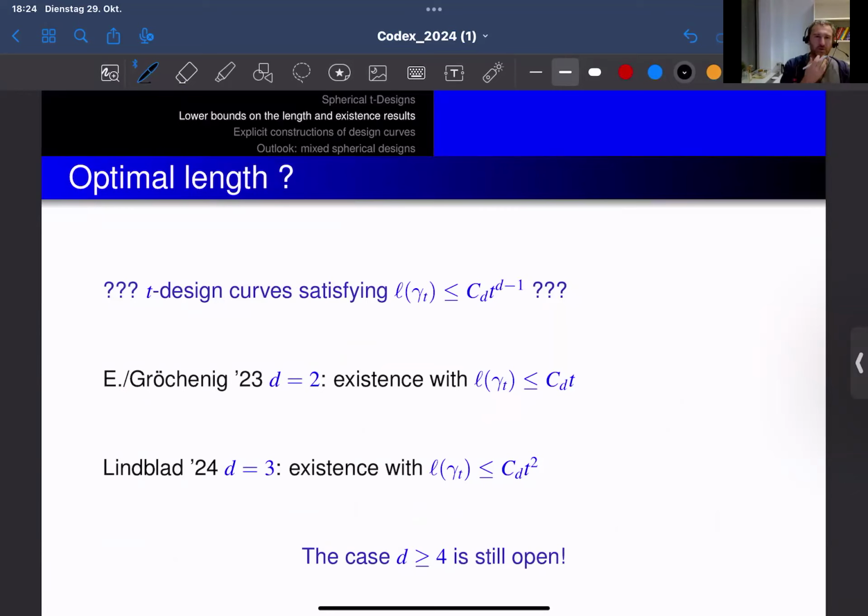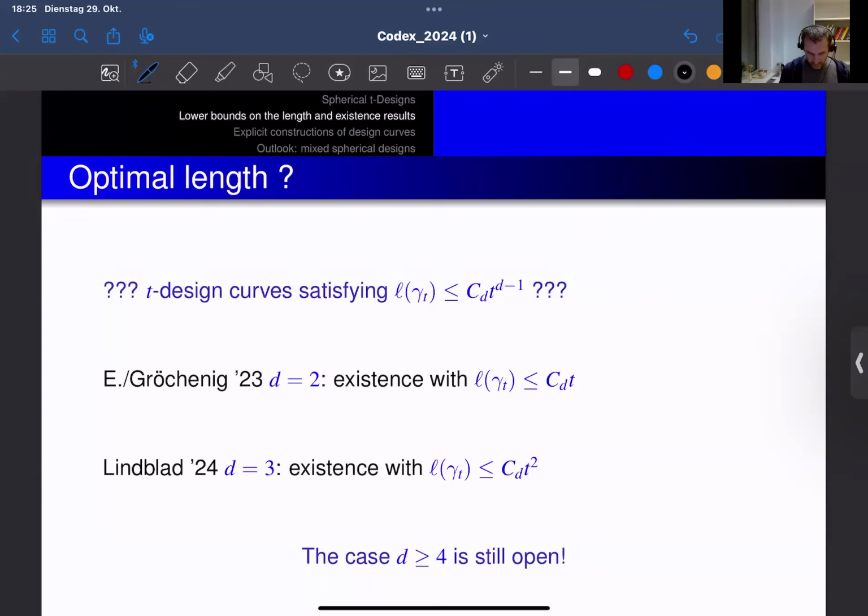Now, of course, we are really interested in all d, not just d equals 2. For d equals 2, we are good. Actually, recently, Lindblad from MIT derived an existence result also for d equals 3. So there is a sequence of curves that are t-designs, and the length is lower bounded by a constant times t squared.